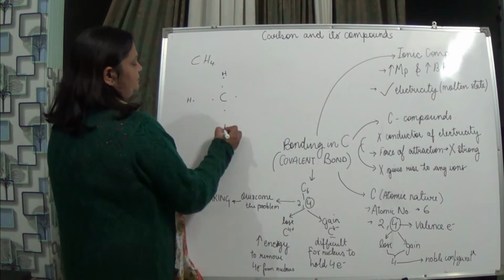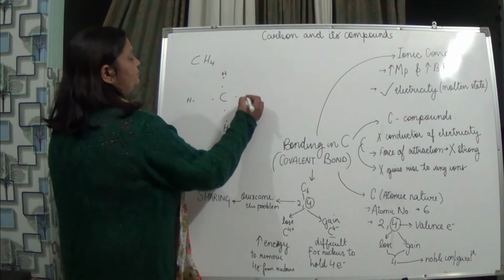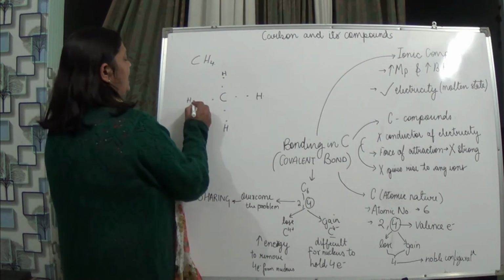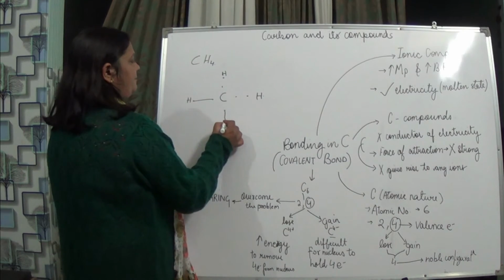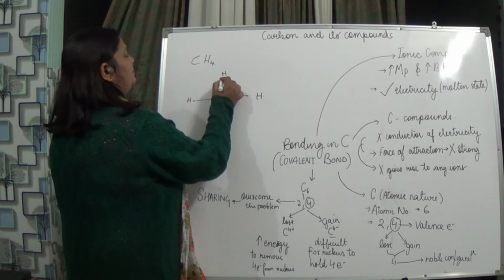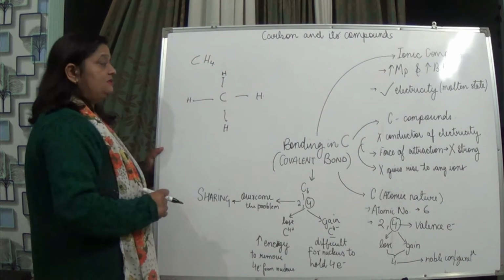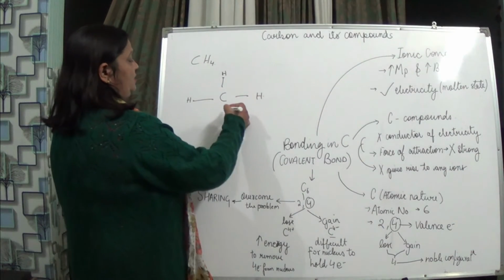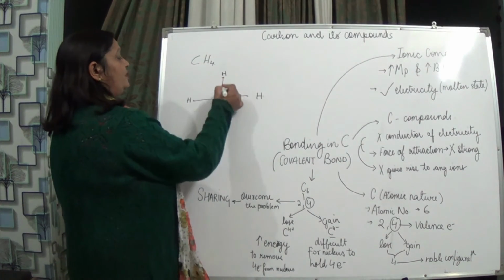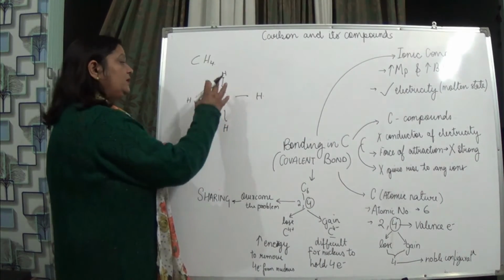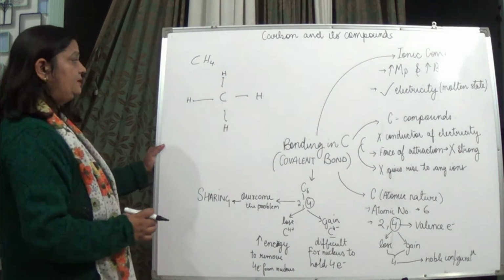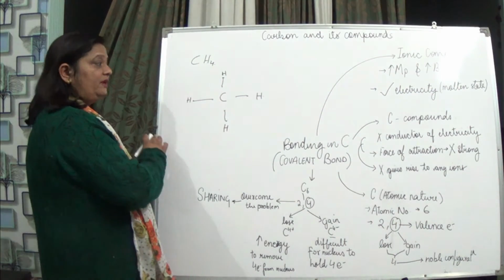Now it will share the electrons and complete its octet. This is the Lewis dot structure of methane. Here you can see 1, 2, 3, 4, 5, 6, 7, 8. Now its octet is complete, and hydrogen's duplet is also complete, and this is a covalent bond.